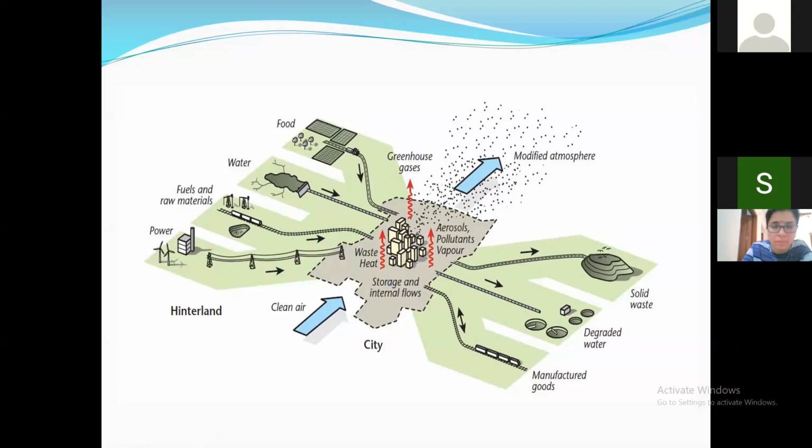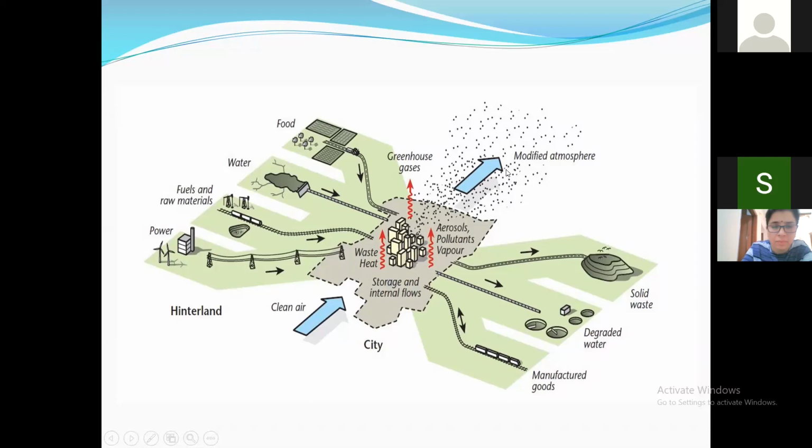And then you have the emission of pollutants also, that is aerosols, other gaseous pollutants and greenhouse gases. So within the city, from outside, the clean air is entering, and then the modified atmosphere which is polluted is going out.